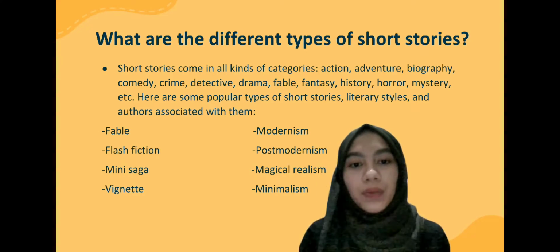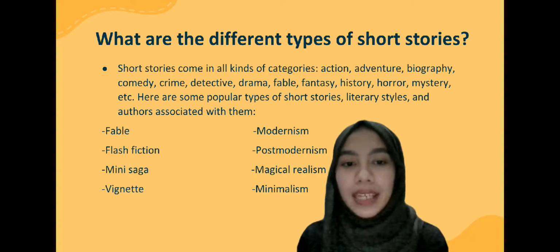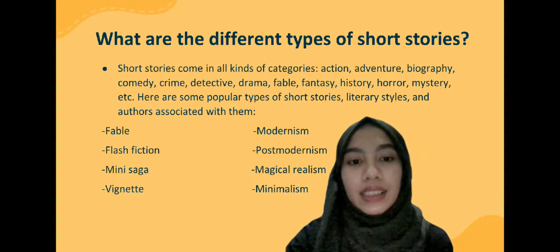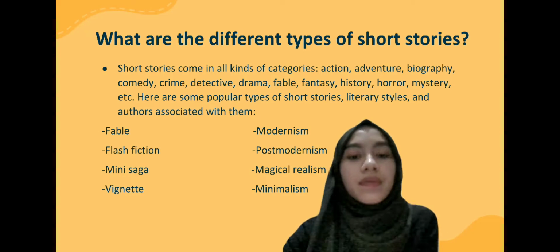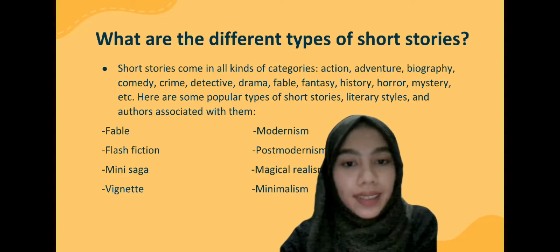And next is modernism. So modernism is experimenting with narrative form, style, and chronology such as inner monologues and stream of consciousness to capture the experience of an individual. And next is postmodernism.